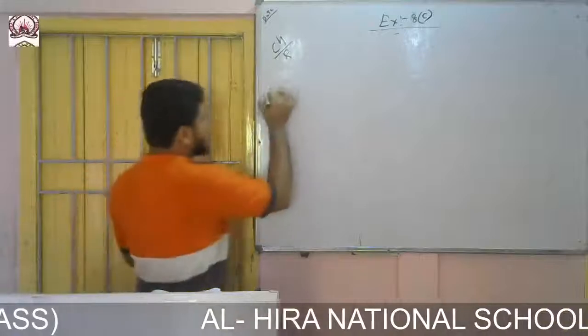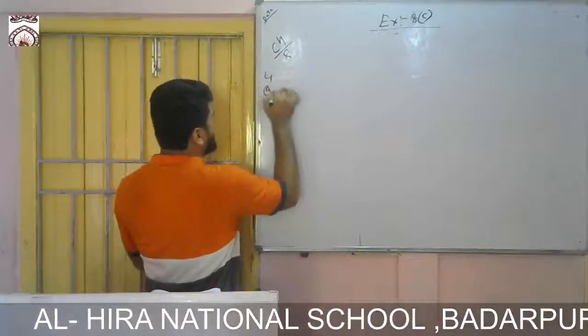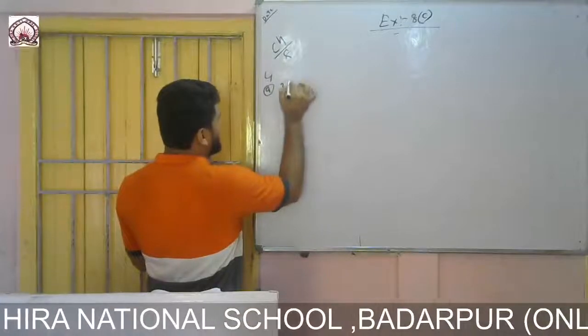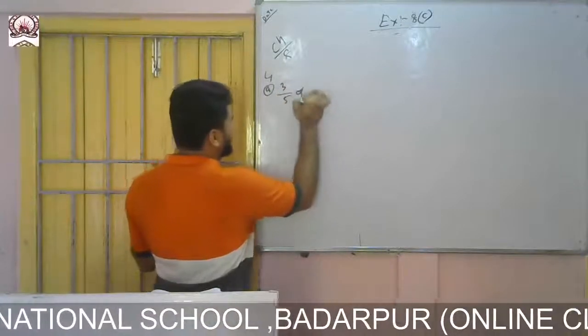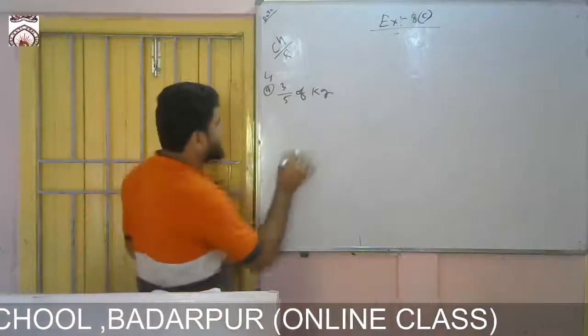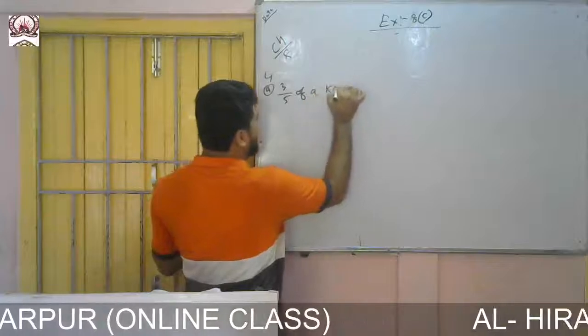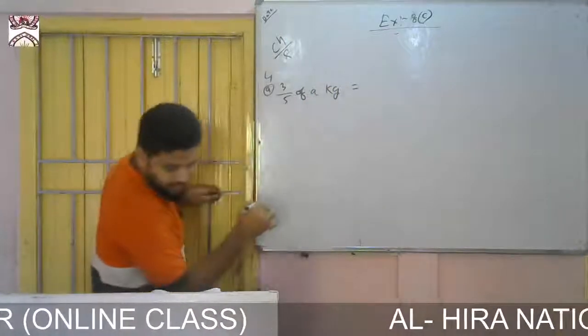Question number 4A, 3 by 5 of a kg. That means 1 kg goes to how many grams?